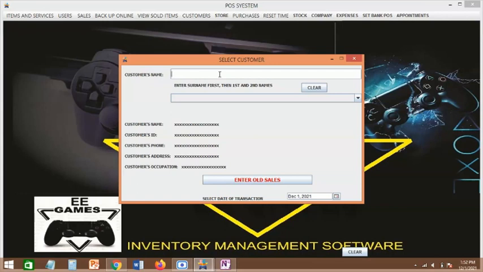Now the difference between these and a normal transaction is that when you make sales with normal transactions, it's just like a one-time payment. The quantity is being affected. Maybe a product that is 10 in number, when a customer buys 5, the stock comes down to 5.